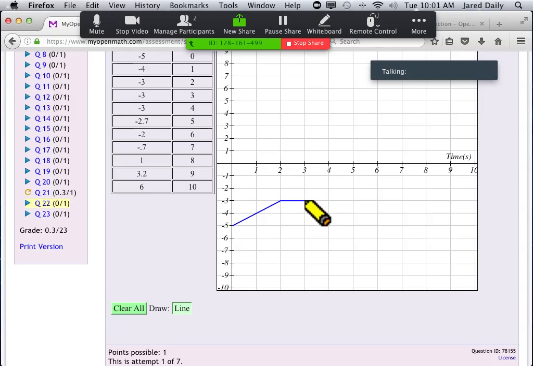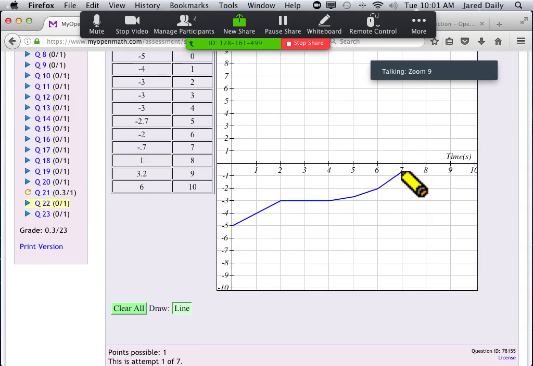And then all the way out to 4 seconds, I stay at -3, so I can go out to there. And then from 4 to 5 seconds, I go down to 2.7, so it's about right there-ish. And then from 5 to 6, I go up to 2, right? And then from 6 to 7, I go to -0.7, so I go to about right here.